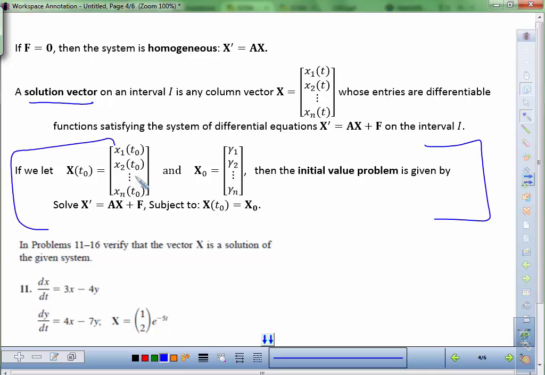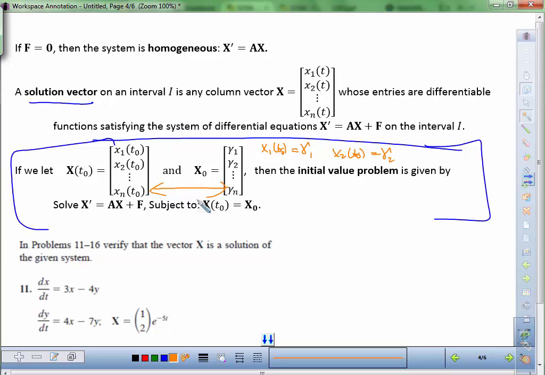So you can think about these initial conditions as x1 of t naught is equal to gamma 1, x2 of t naught is equal to gamma 2. So that's what this relationship is.